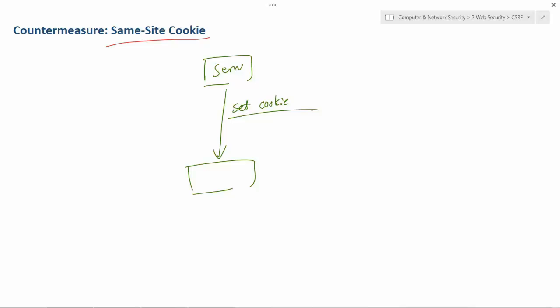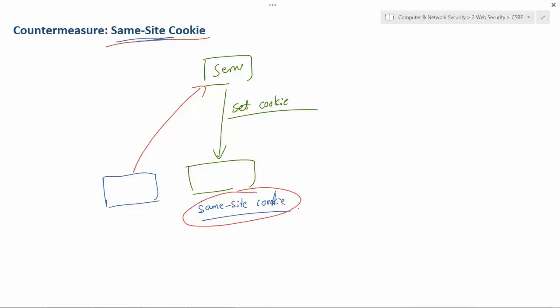Now, the SameSite cookie: if you generate a request from here, the SameSite cookie basically says you can only attach it if the request comes from the same site.